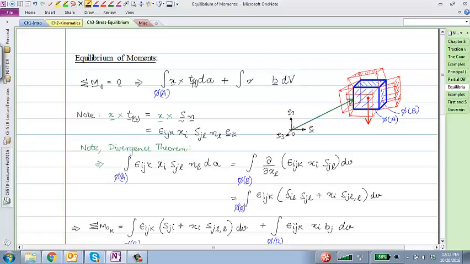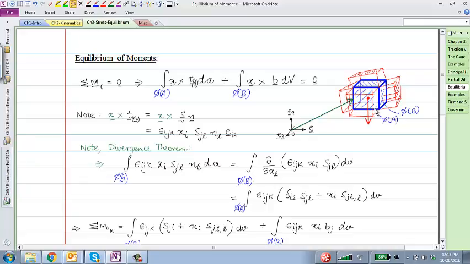So x cross with that infinitesimal force, integrated over the deformed body, would be the moment of the distributed body force about that same point. And indeed, all of that has to be equal to the zero vector. Moment is also a vector. So that equation is the governing equation for this deformed body equilibrium of moments.